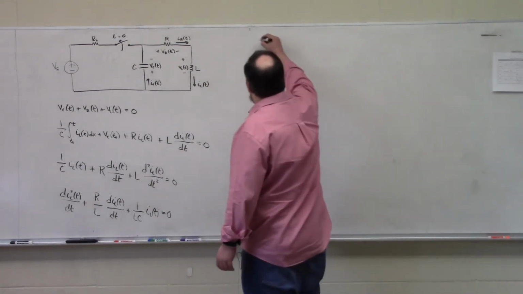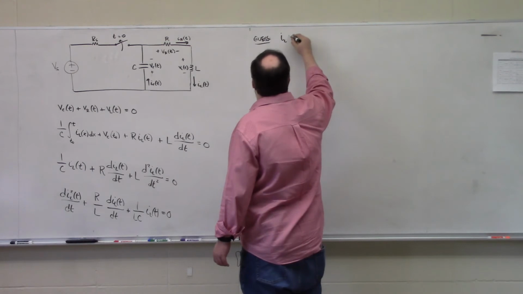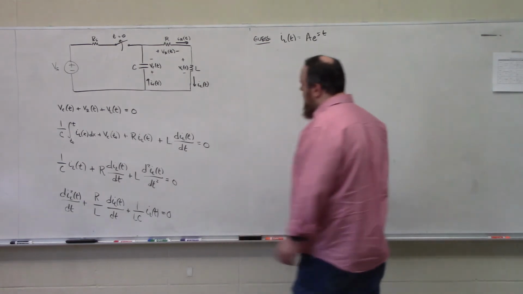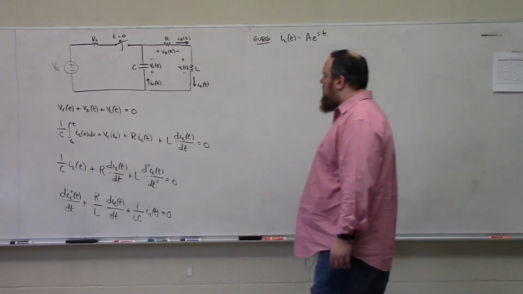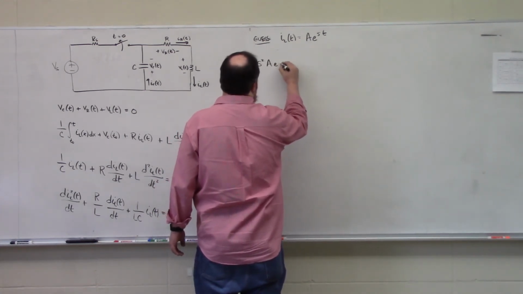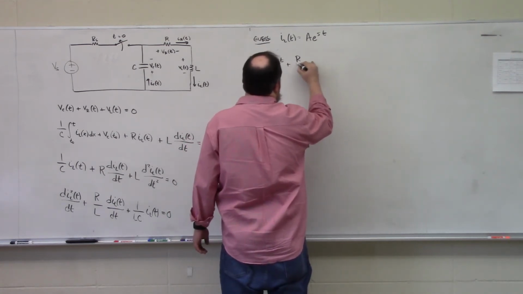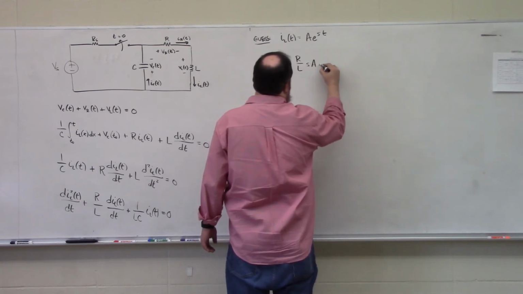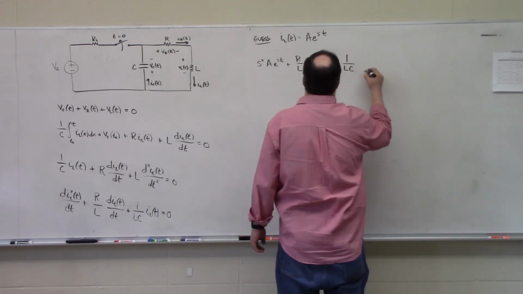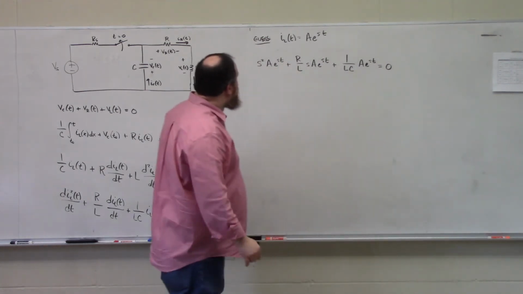Our guess value is IL of t is going to be of the form A e to the st. If we substitute this guess into our differential equation, we get s squared A e to the st plus R over L s A e to the st plus 1 over LC A e to the st is equal to 0.